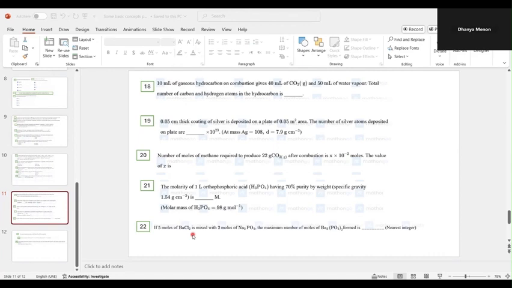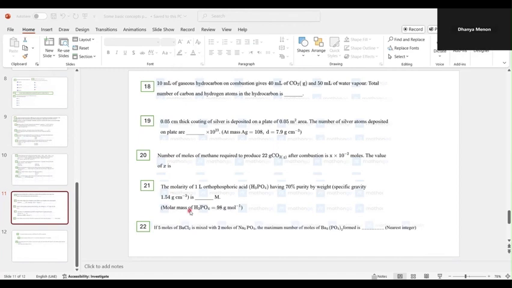You have been given 2 moles of sodium phosphate also. You need to find the number of moles of barium phosphate. This is the unknown thing that you need to find out.